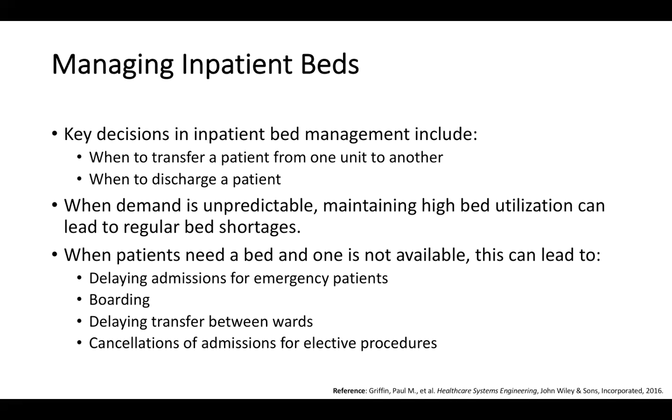And we want them to be occupied, or the occupancy of the hospital to be high. However, the uncertainty associated with the rate of patients that we get in a hospital makes planning harder and makes it harder to maintain a high level of utilization for these beds.